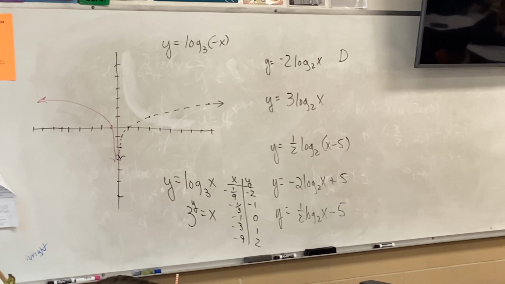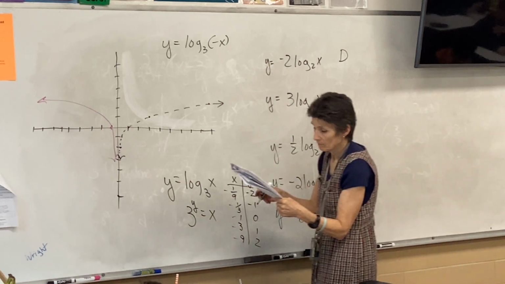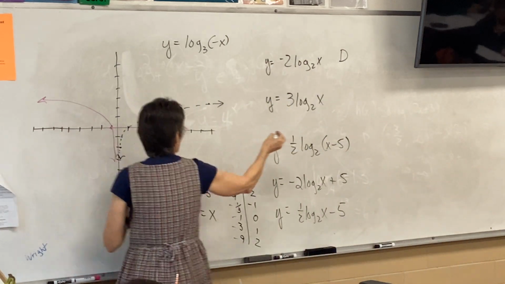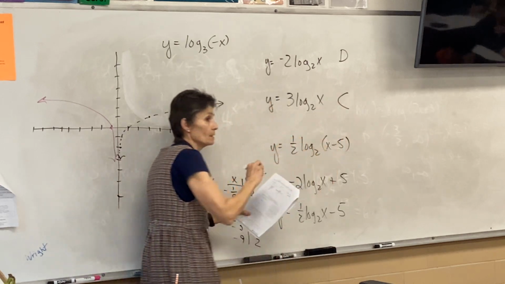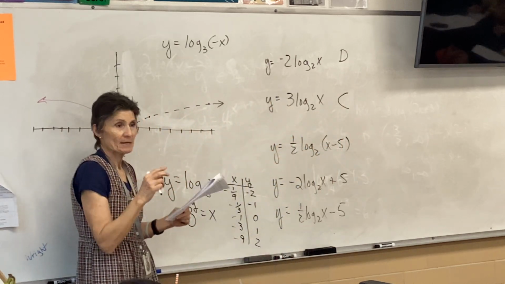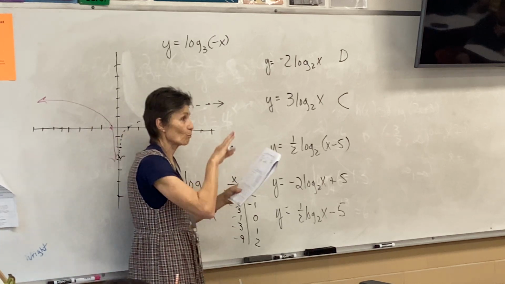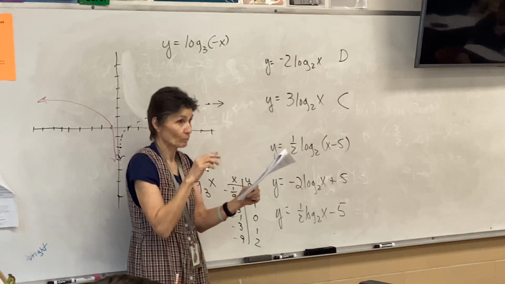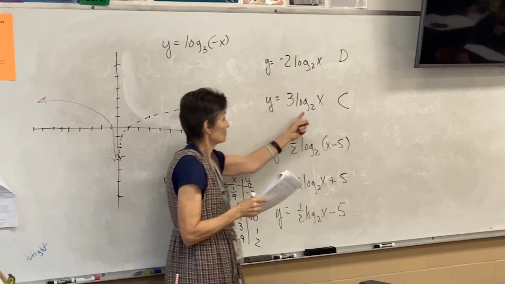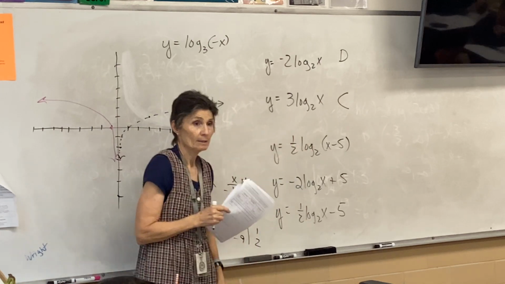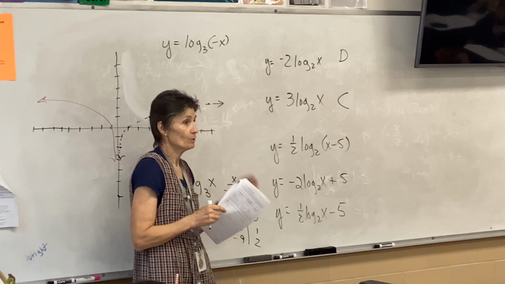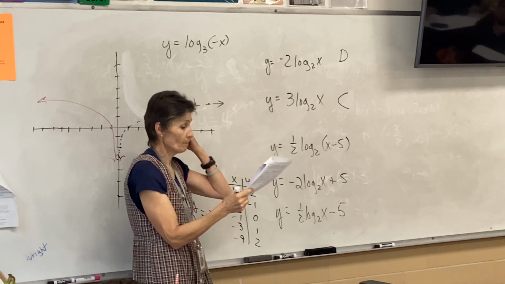Anybody find another match? Julia? For the second one, y equals 3 log 2x, I said C. You said C for this one. Again, does that make sense? Because picture C is a regular old logarithm, right side up. Two for two, who's gonna make it three for three, Kyle?